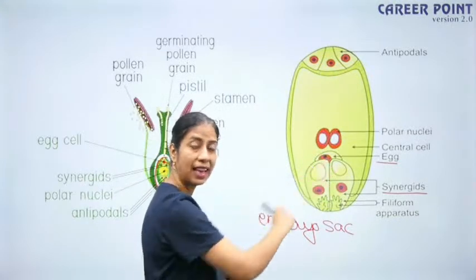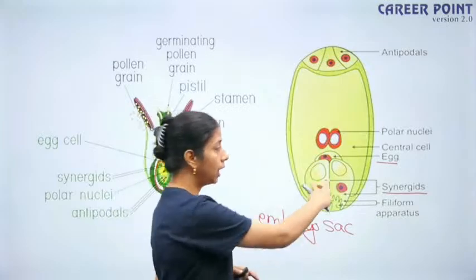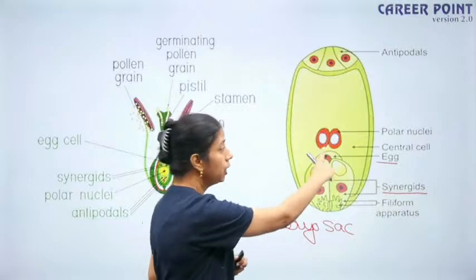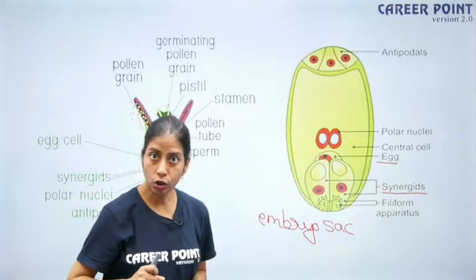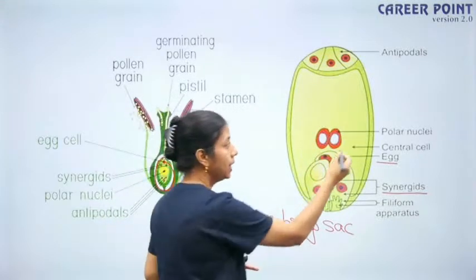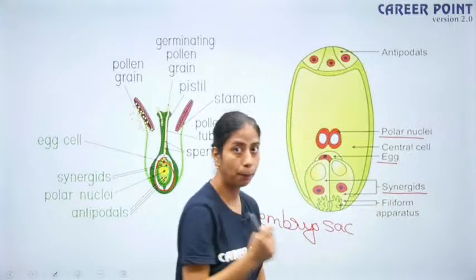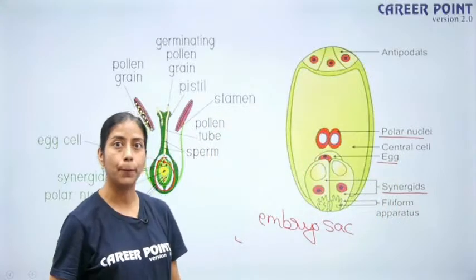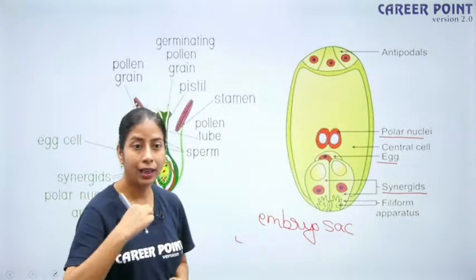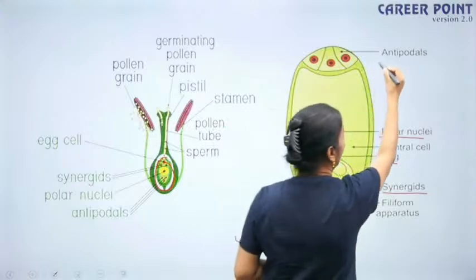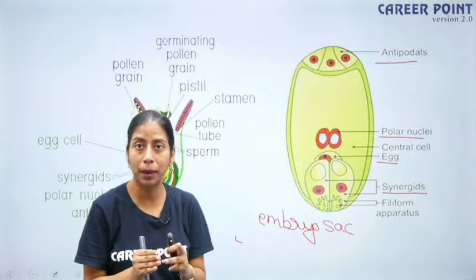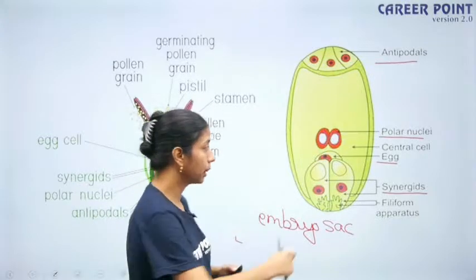So one is the female gamete known as egg cell, the other two are synergids. अब थोड़ा सा ऊपर जाते हैं, you can see these two structures, they are the two polar nuclei. Here you can see the polar nuclei and they are 2 in number. और लास्ट में आप देख रहे हैं 3 और सेल्स हैं, और इन सेल्स को हम कहते हैं एंटीपोडल सेल्स.